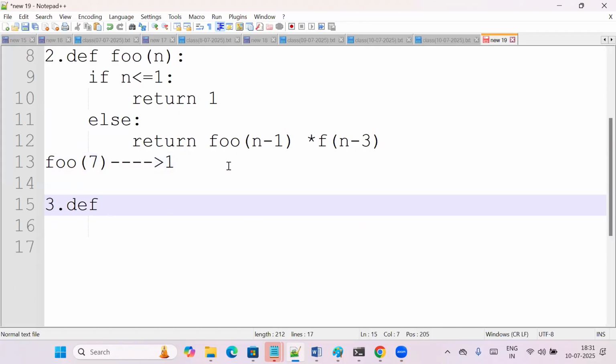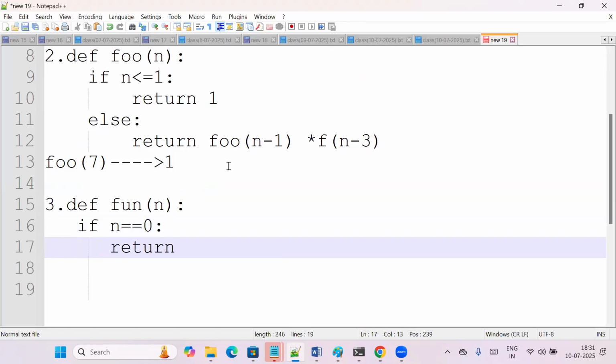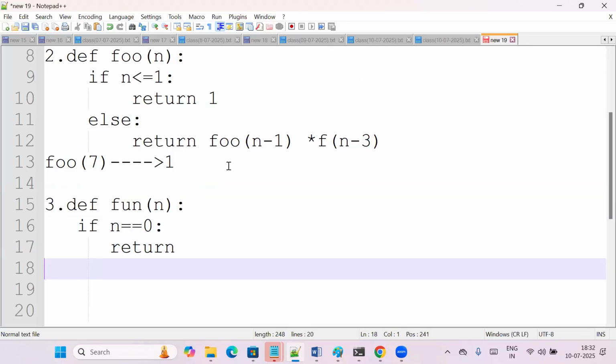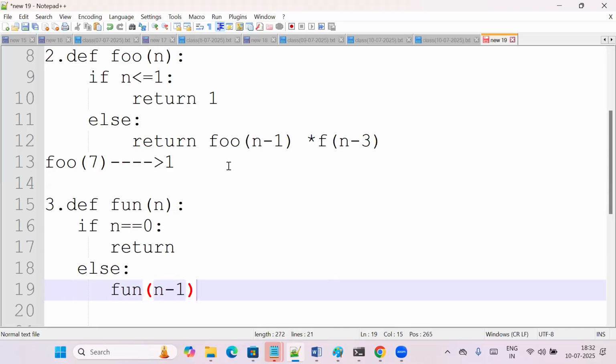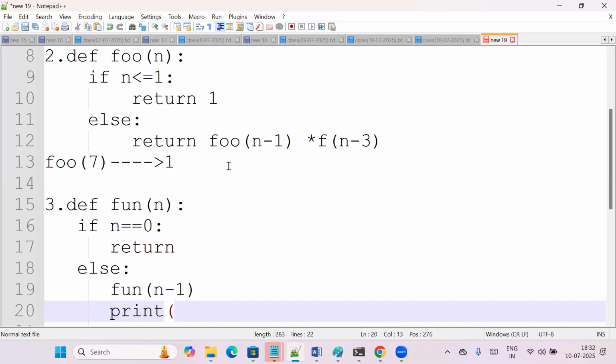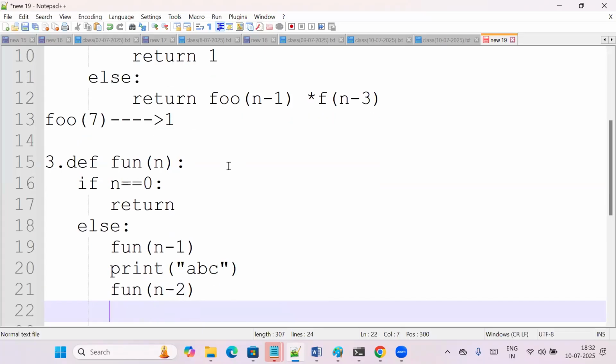Third one, def. Okay, guys, this is the question. Tell me the output.